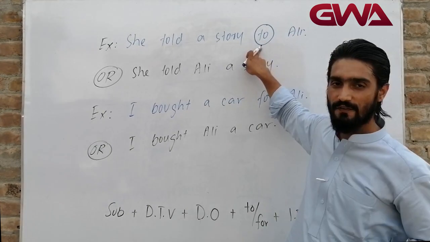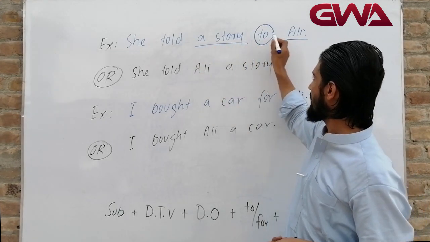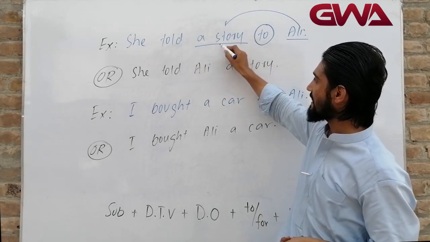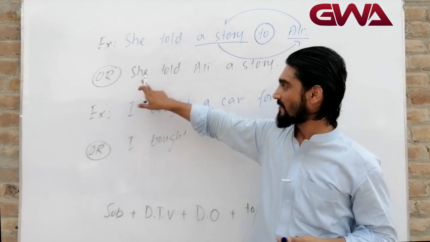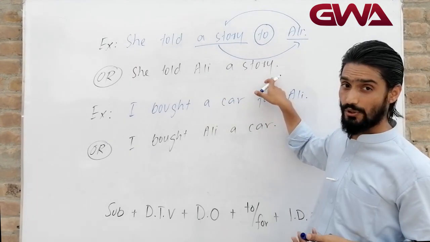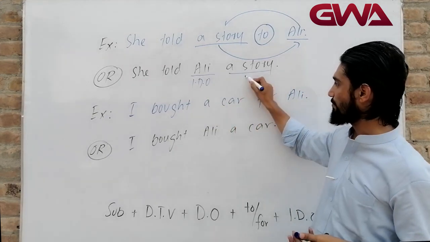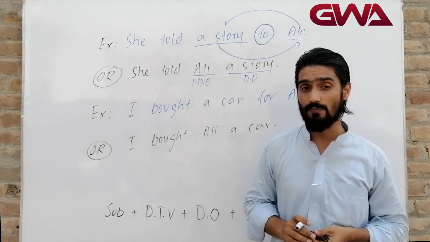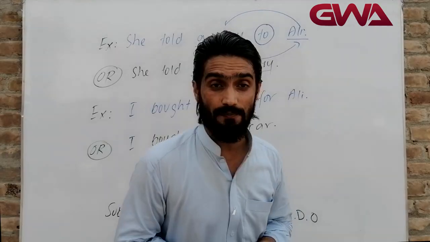When we remove the preposition, we will change the places of direct object and indirect object with each other. She told Ali a story. Now here, an indirect object is used before a direct object because we removed the preposition.